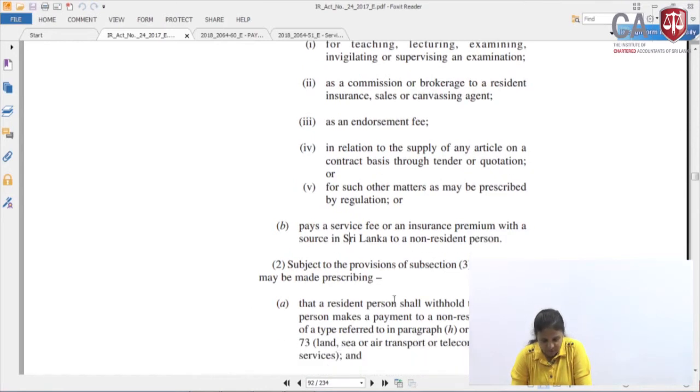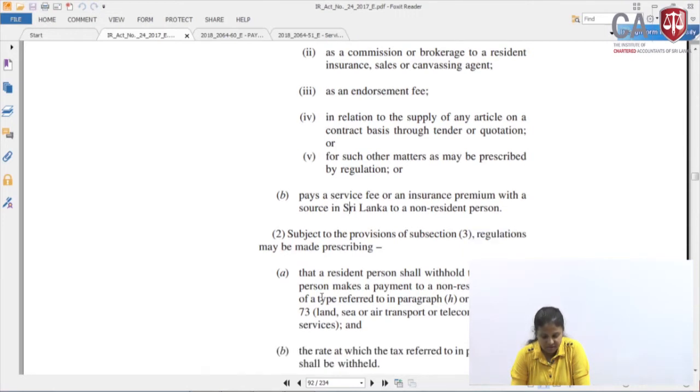Now you can see here 85 subparagraph 2: subject to the provisions of subsection 3, regulations may be made prescribing that a resident person shall withhold tax when the person makes a payment to a non-resident person of a type referred to in paragraph H2I in section 73. What are those under sources of payment?